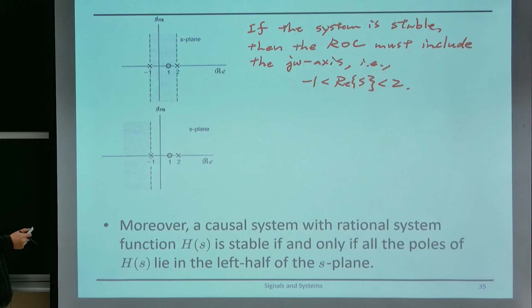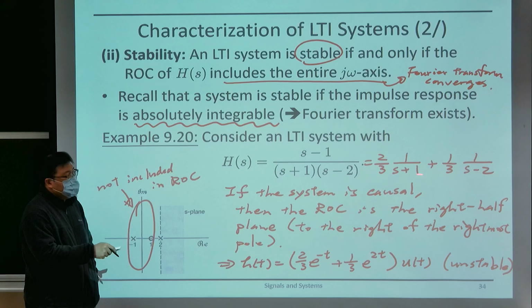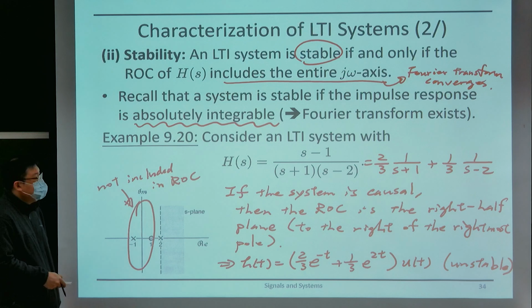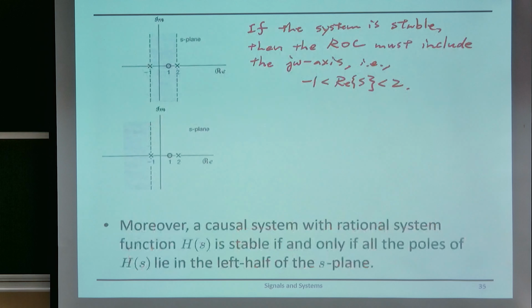Therefore, when you split it into these two terms, this term should have an ROC that is the right half plane, and this should have an ROC that is the left half plane. So this will inverse transform to a right-sided signal, and this will inverse transform to a left-sided signal.